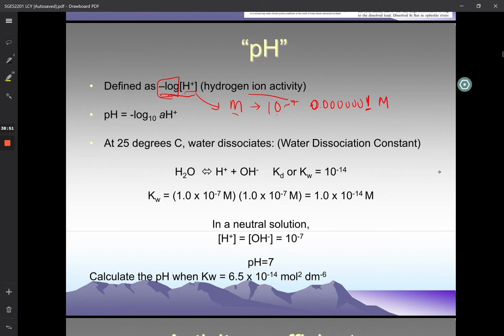So this is a very low concentration for hydrogen ions.